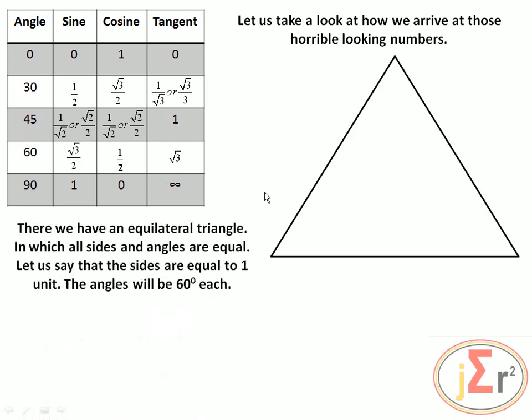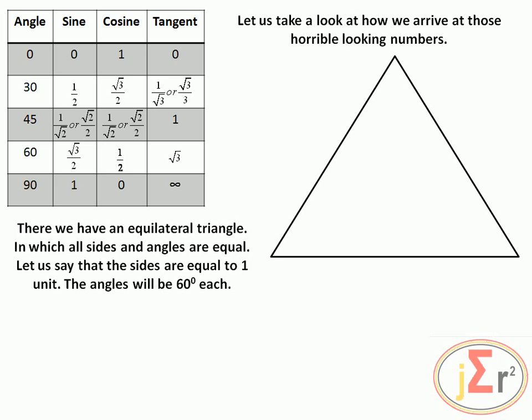There we have an equilateral triangle in which all sides and angles are equal. That is what we mean by an equilateral triangle. Let us say that the sides are equal to 1 unit. The angles will be 60 degrees each. All angles are equal to 60 degrees each.